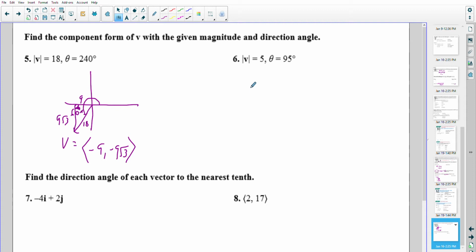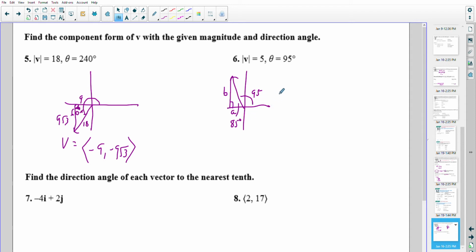Now, it's very possible that you may not have a special angle, such as in this case. Again, what you want to do is graph it. So you're going to have something like this, which is 95 degrees. And what I would do is, again, make a right angle here and know that this is going to be 85 degrees. And again, what you want to do is find out what your a and your b are, and remember what's positive and negative.